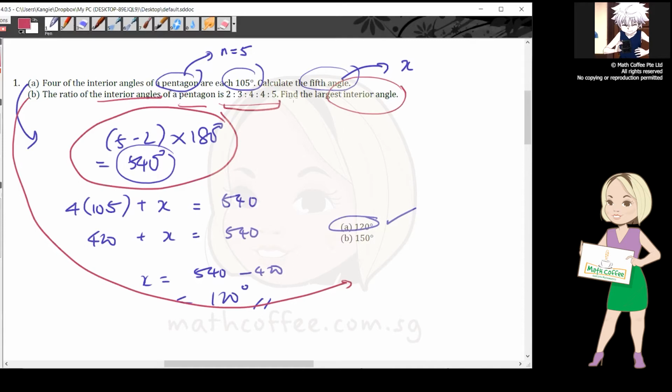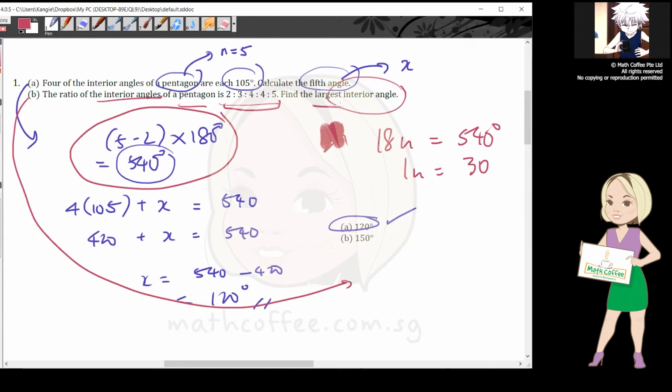Then all of these will be the total angle, so I'm going to take 2 plus 3 plus 4 plus 4 plus 5, so it will be 18. 18 units will equal 540 degrees. So 1 unit will equal 540 divided by 18. So I get 30. So I know 1 unit is 30.